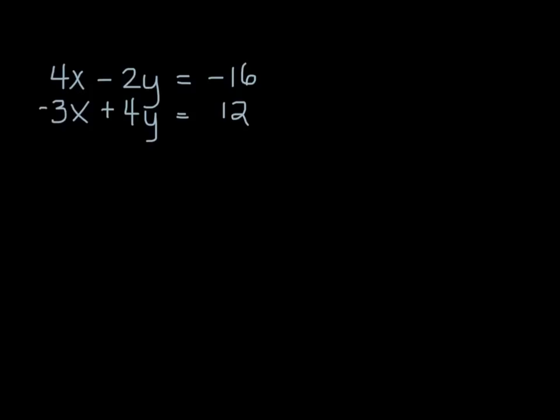I'm going to look at my variable coefficients. The greatest common factor here is 12. The greatest common factor here is 4. I'm going to force these both to be a 4. So I'm going to multiply everything in the top by 2, and I'm going to put that here.